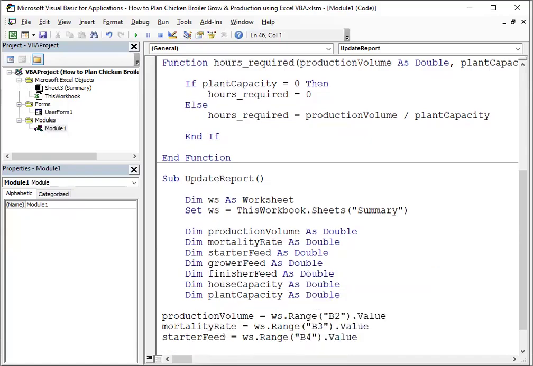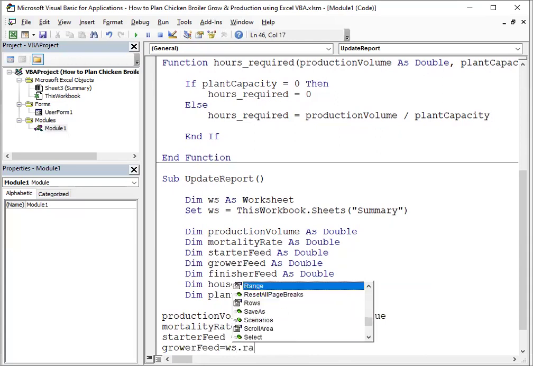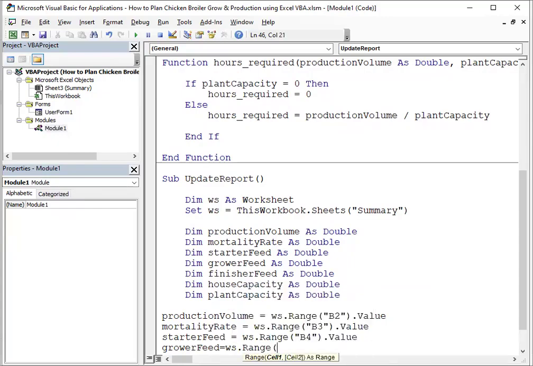Then grower feed equals WS range B5. You understand what I'm trying to do here?